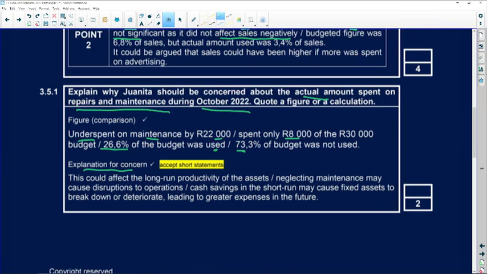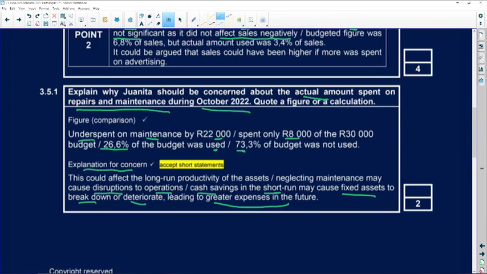This could affect the long-run productivity of the assets. By neglecting maintenance, it may cause disruption to operations. Cash savings, yes, she's saving money in the short run, but it may cause bigger problems in the future. So your fixed assets could break down and deteriorate, leading to an even bigger expense in the future.